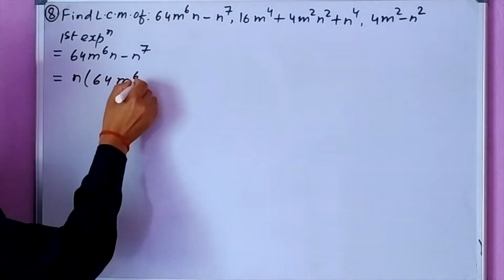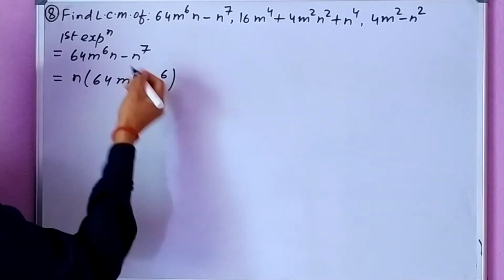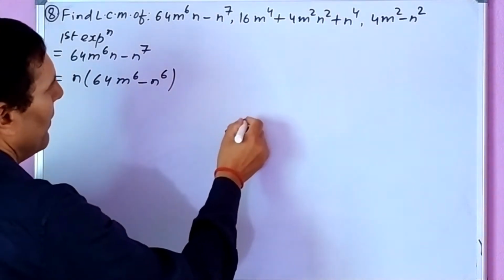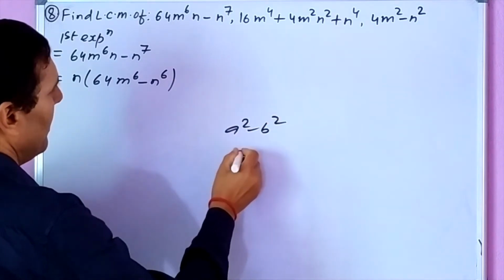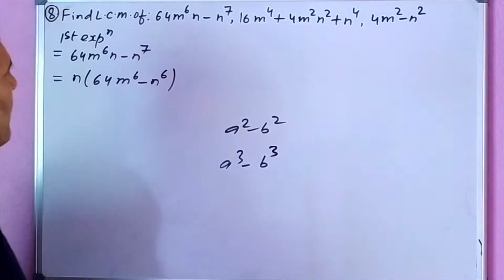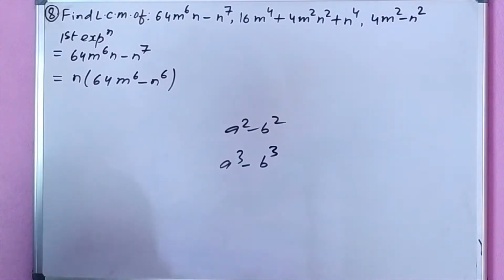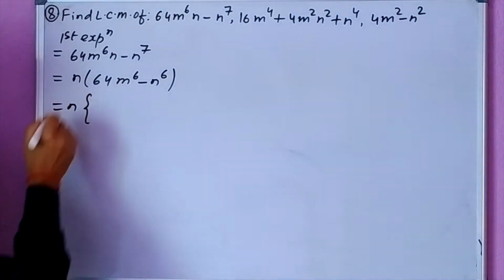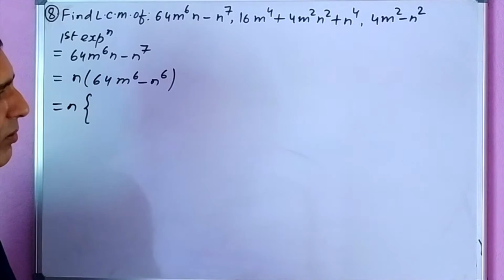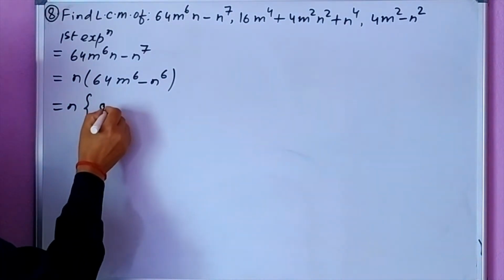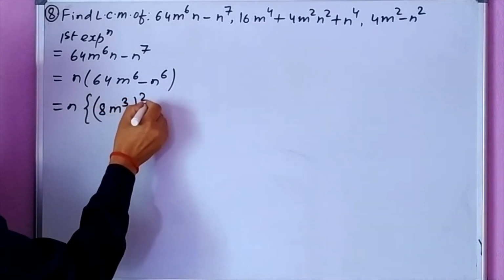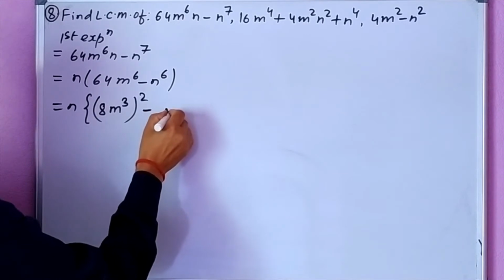After taking n common, what will be remaining? 64m power 6 minus n power 6. Here we can use the formula of a square minus b square as well as a cube minus b cube. First I use a square minus b square, because 64m power 6, which square is this? It is square of 8m cube. And this n power 6 is square of n cube.